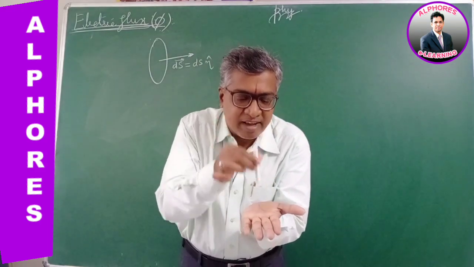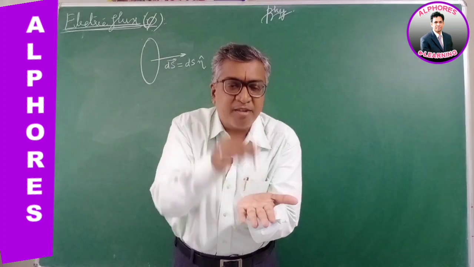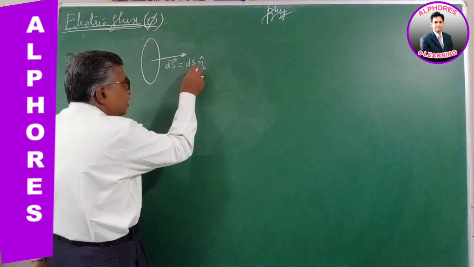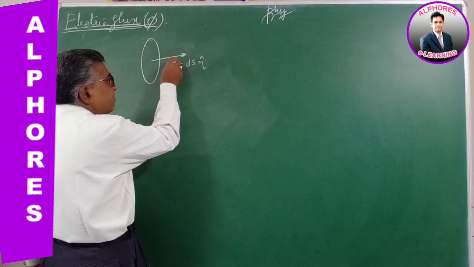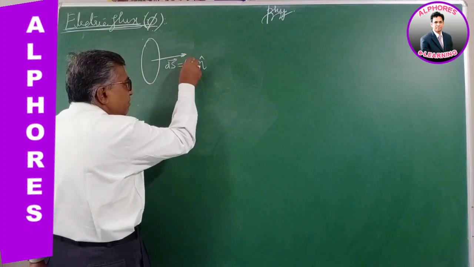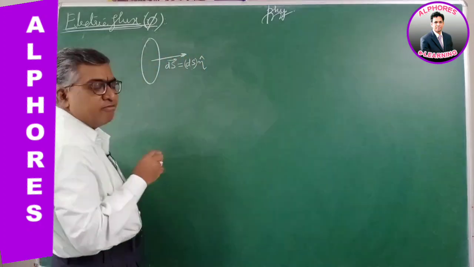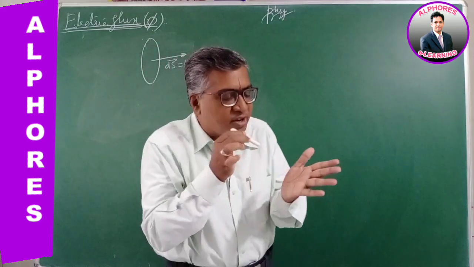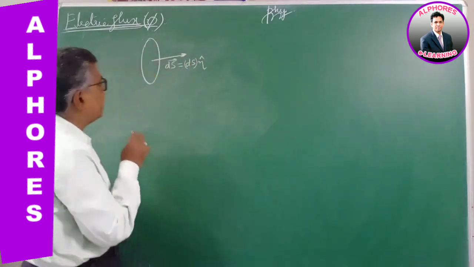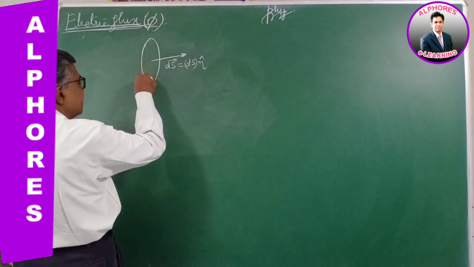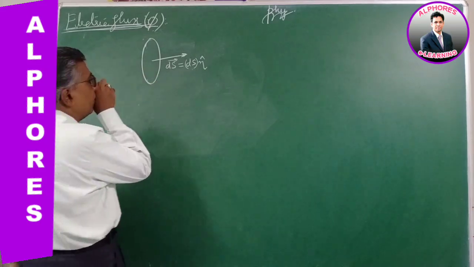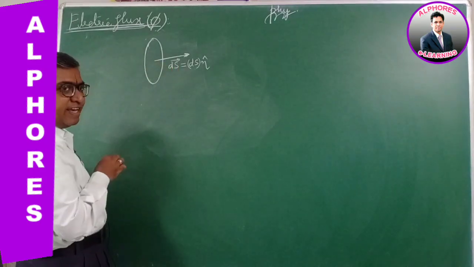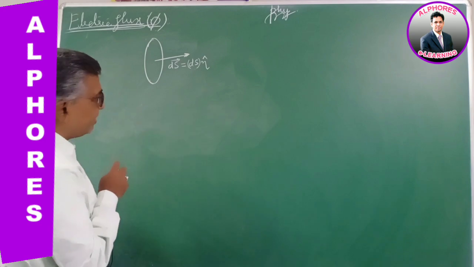So normally away from the area, that is the unit vector. So dS bar is the magnitude into n cap, where n cap is the unit vector normally away from the surface. So the area element is a vector.